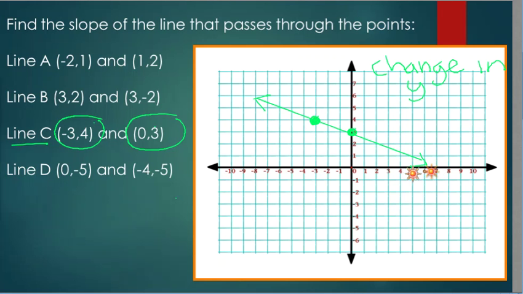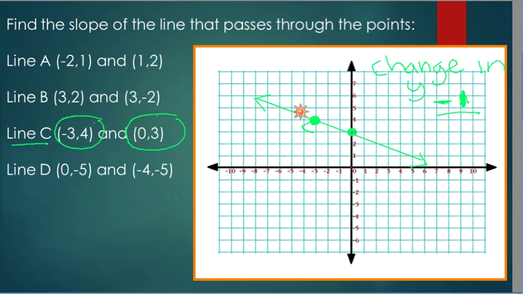So we know this line is slanting down and to the right, so we know the slope of this line is going to be negative. To move from here to here, we can see our vertical change is down 1. So that would be a negative 1. Okay, anytime you're moving down or to the left, then that would be negative.